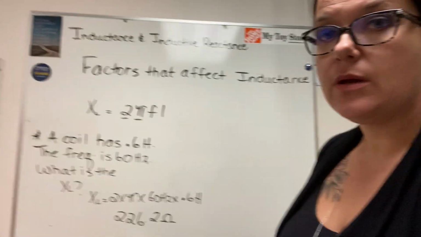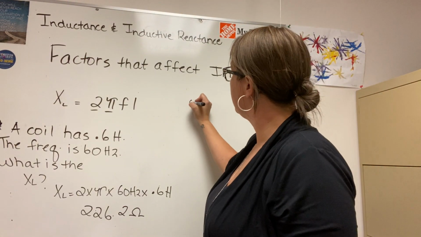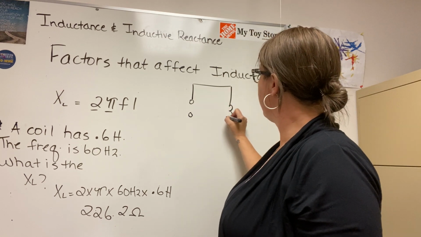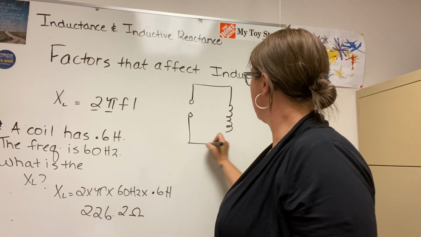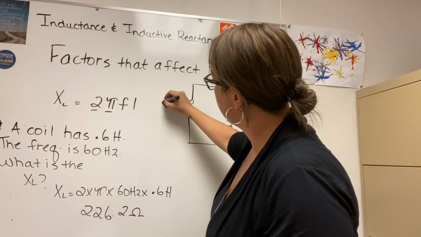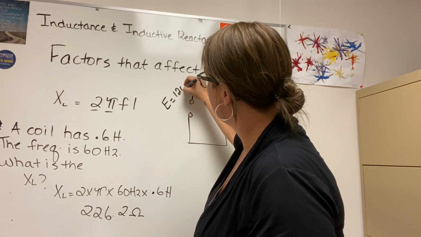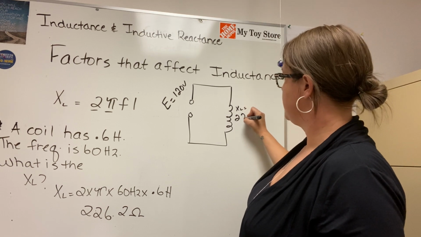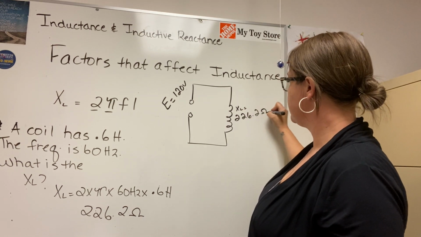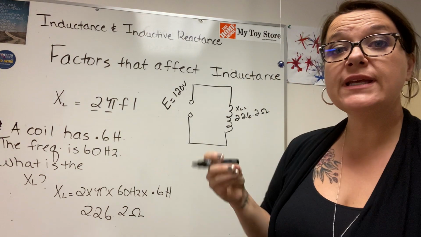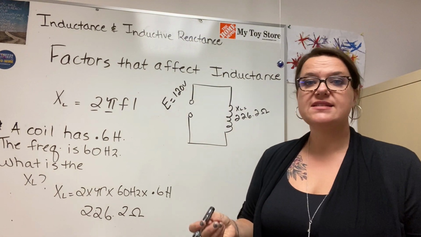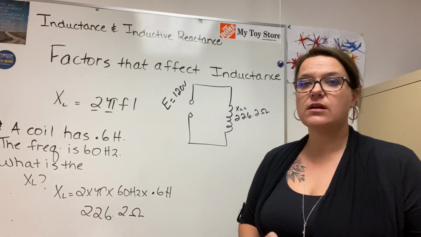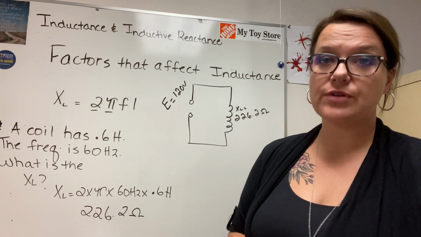So if I had a purely inductive circuit, a coil, 120 volts, our XL equals 226.2 ohms. A purely inductive circuit means that there are no variables of resistance contained. It means that there is no capacitance or capacitive reactance.